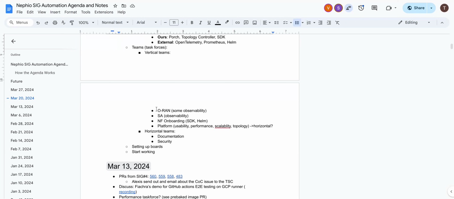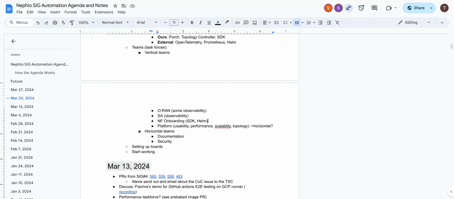An O-RAN team to cover the O-RAN use case, which is huge. It includes observability and other things. The service assurance use case, which again includes observability and policy and a lot of other things, right? A general, at least I called it, onboarding team that will include the SDK and Helm support.